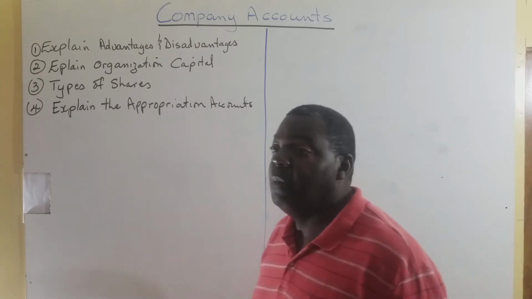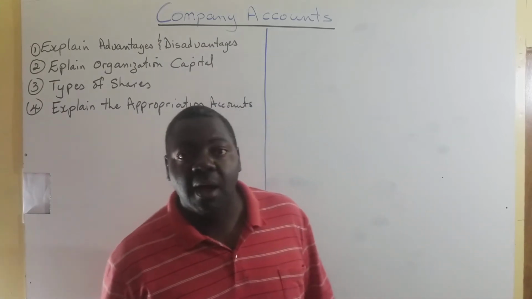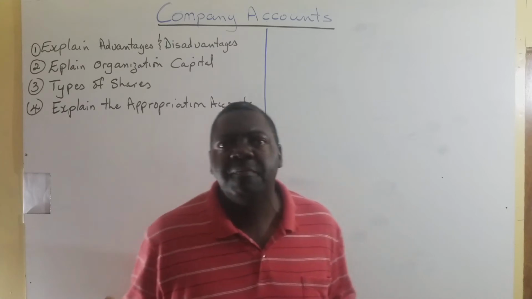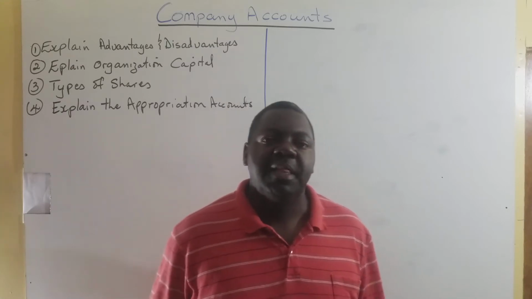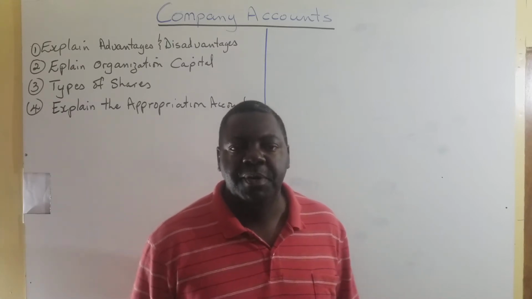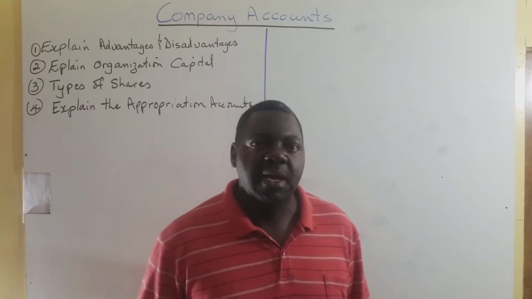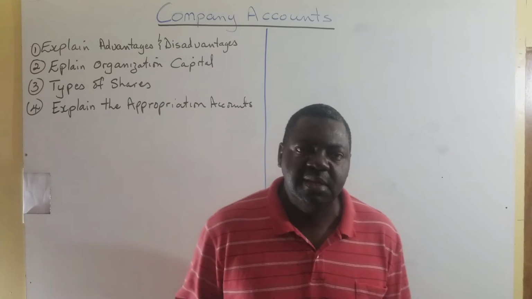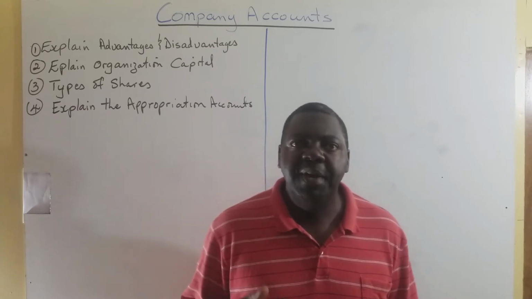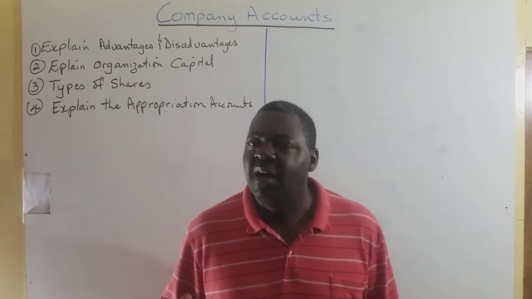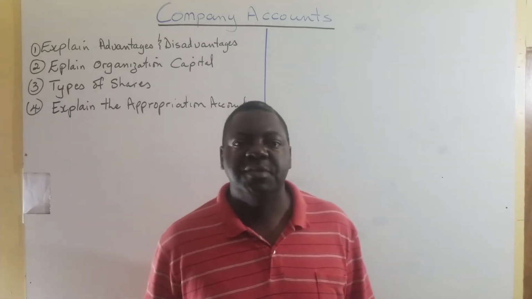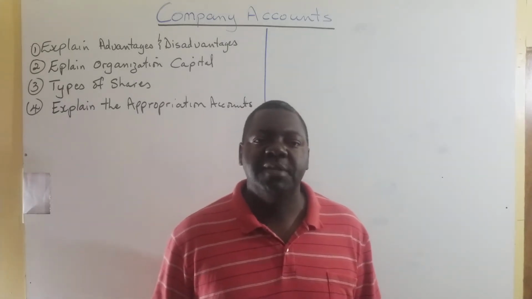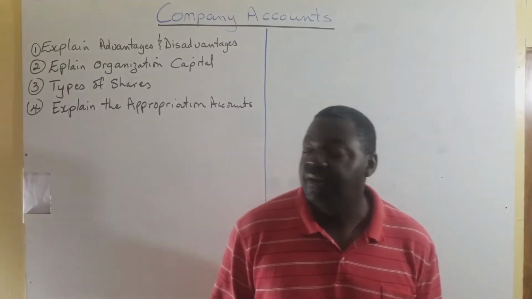Now, what is a company? It's really a more expansive size of ownership than the partnership business. While there is a limitation on the number of persons within a partnership business, companies tend to have an unlimited or greater number of persons to become part owners of that institution.